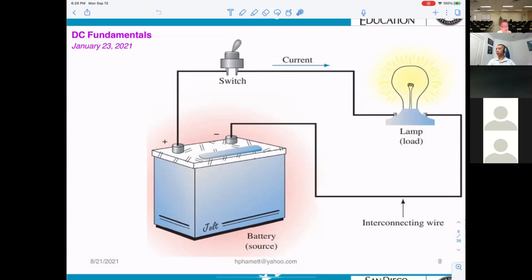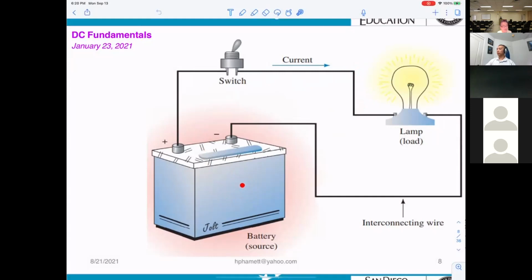If your battery is 12 volt, right here is 12 volt. When you open, the light is not on. When you measure the voltage here, what voltage do you think? Still 12 volts. The source. Exactly. Still the same voltage on your battery.